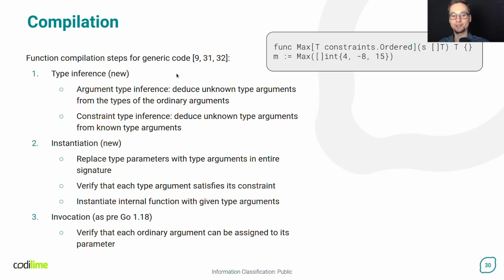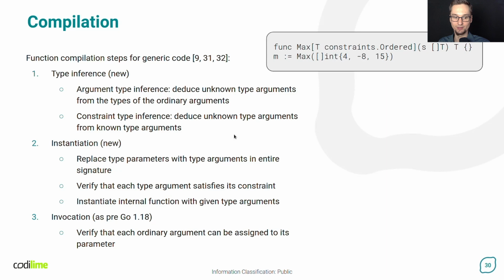So we have argument type inference, which uses ordinary arguments passed to the function to make that deduction, but also there is constraint type inference. So unknown type arguments can be inferred from known type arguments. This is the case only for those generic types or functions that have multiple type parameters.